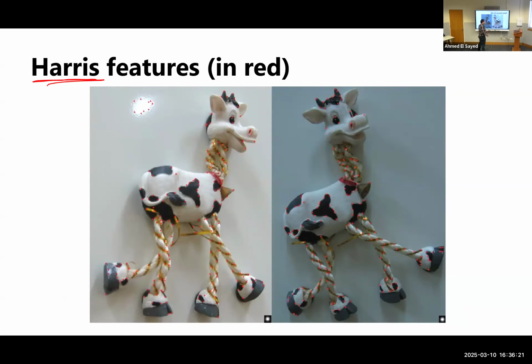Now, the question is, if I give you two different images that have been captured in two different locations, are the points of interest matching in location? Meaning, if I start with this image, I found those points of interest, and so on.